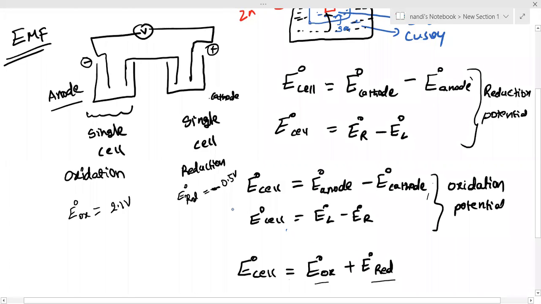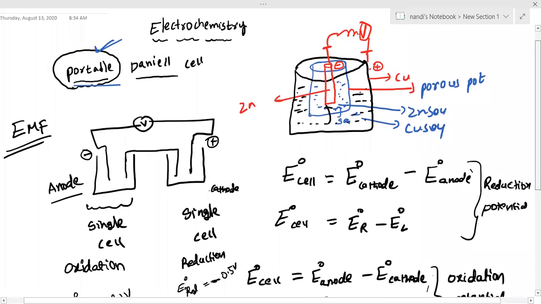Noted down all these things? Please let me know, check it. What you wrote yesterday, let me know the slide first, very clearly. This portable cell is a galvanic cell I provided.